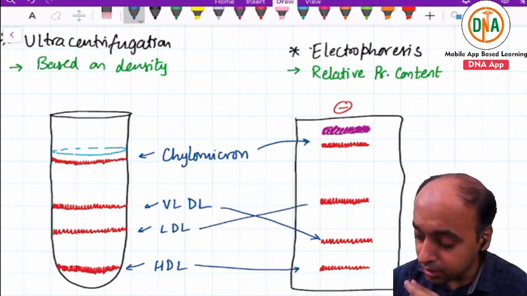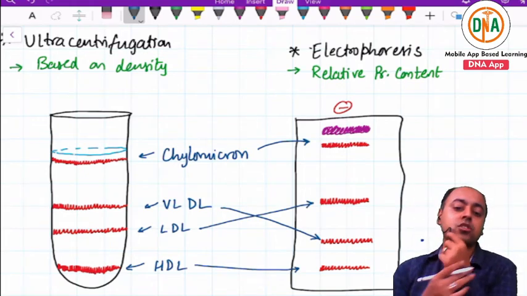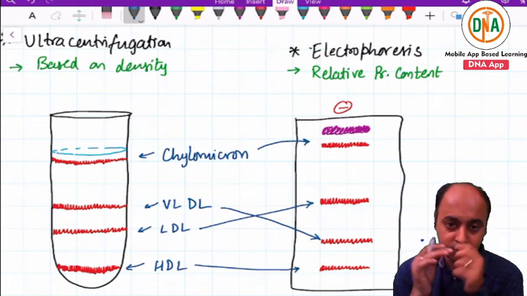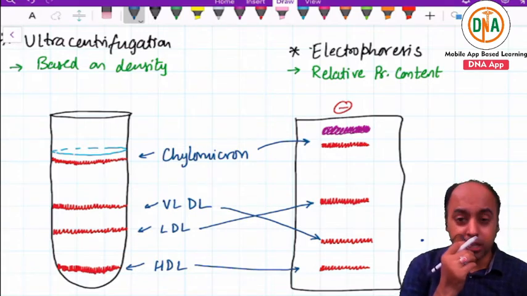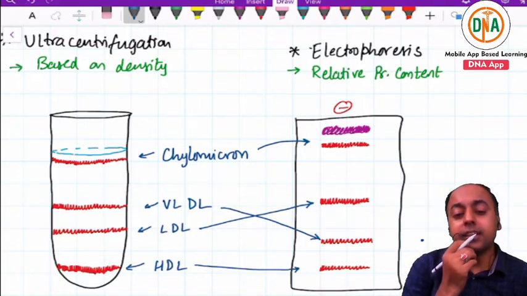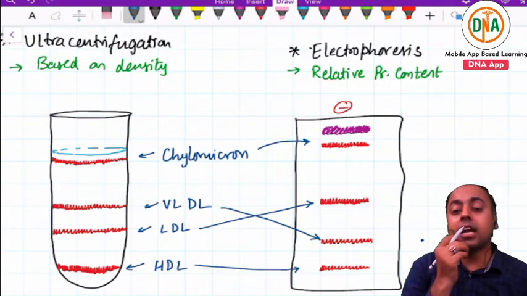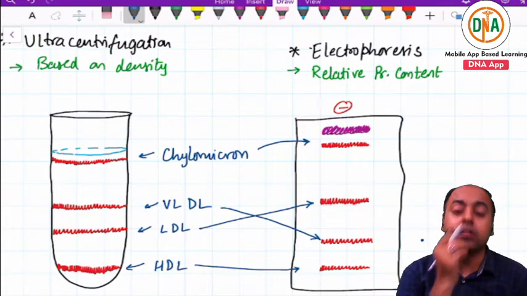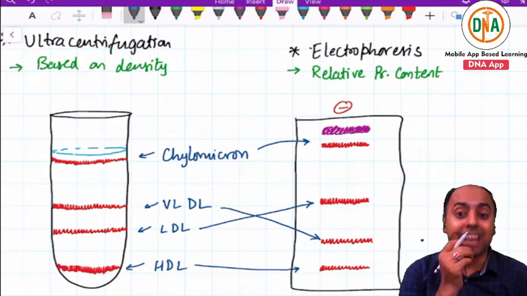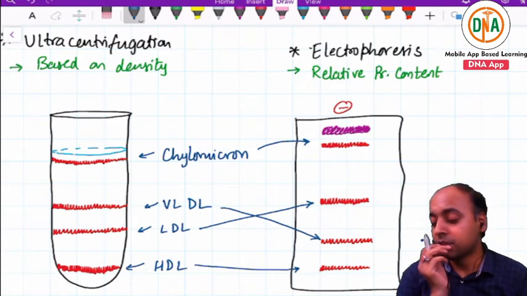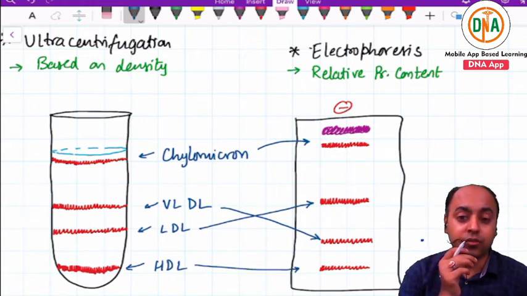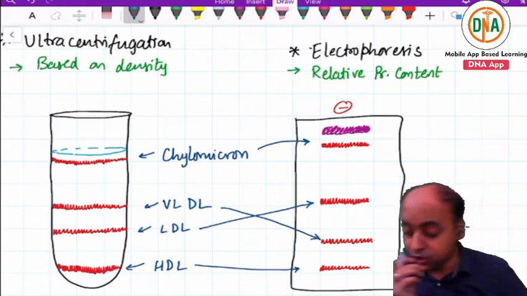The VLDL will move faster than LDL. If we just look at the protein content, we will find that the VLDL has less total protein than LDL. But the nature of protein, the type of charge, the size of the molecule, all of these are factors in faster movement of VLDL in the gel.